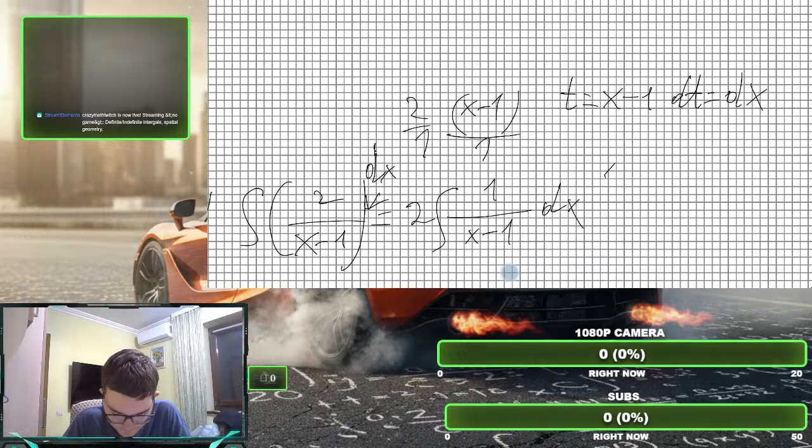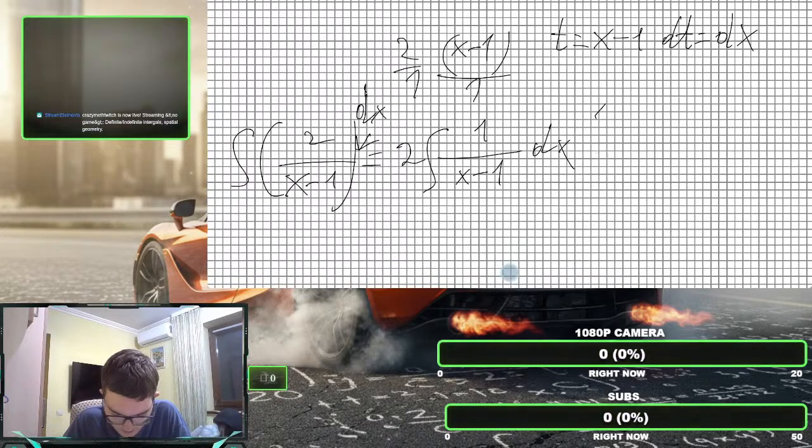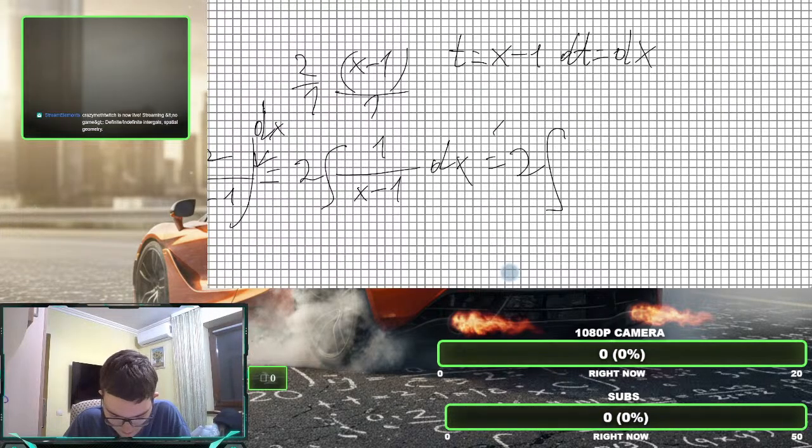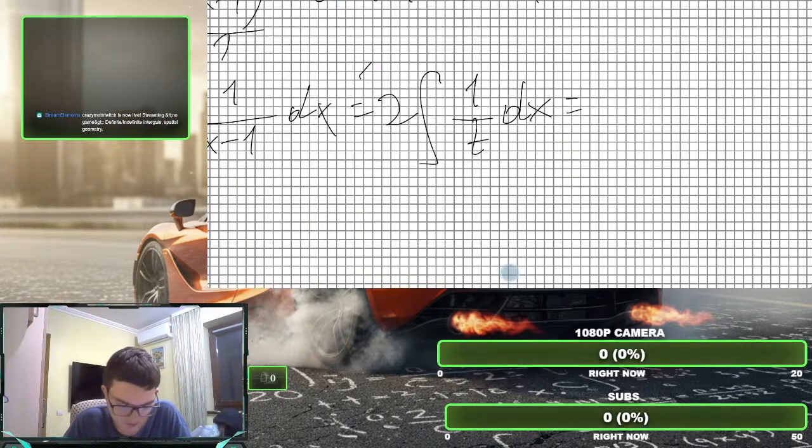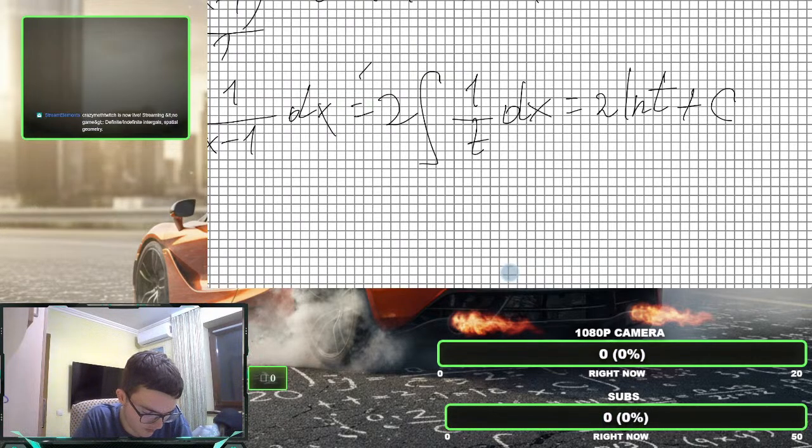So I'm just gonna do this, put it with 2, and it's gonna be the integral of 1 divided by t dt, and well, there's a formula for this, so it's ln of x, which in this case is ln of t, so 2 ln of t plus c, so it is.